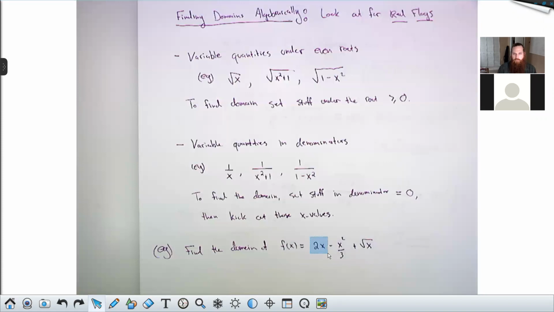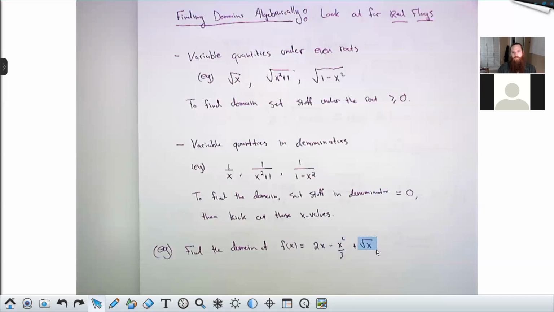This piece, no red flags. No variables under square roots, no variables in the denominator. He's fine. This piece, again, no red flags. He's got an x squared, but that's not a root. And he's got a thing downstairs here, but there are no variables downstairs. So this whole piece has no red flags, no domain restrictions.